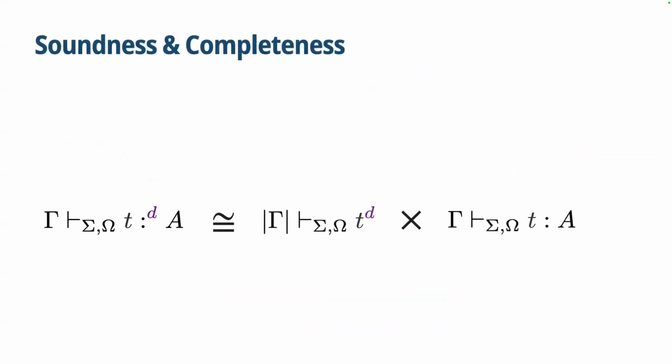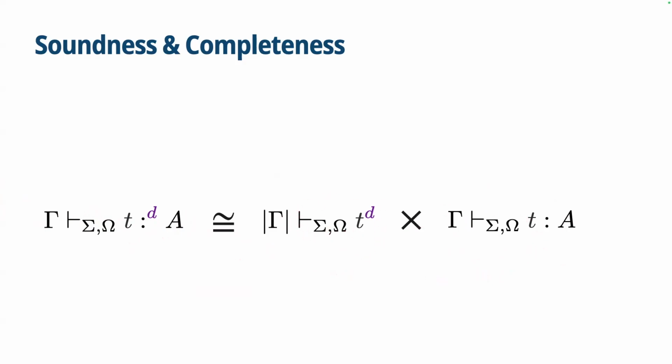Right. And so the good thing about this system is we can now prove formally that the mode does not actually interact with the types, right? So we can prove that if we have a typing derivation for a bidirectional type system, you can split it into two derivations, one for the ordinary typing derivation and one with mode only.